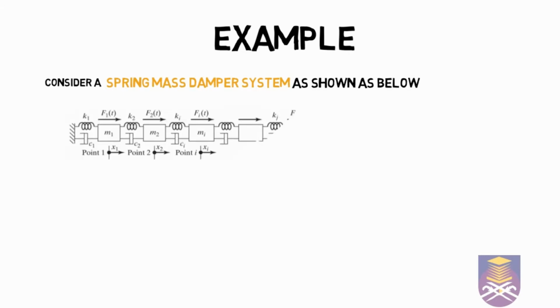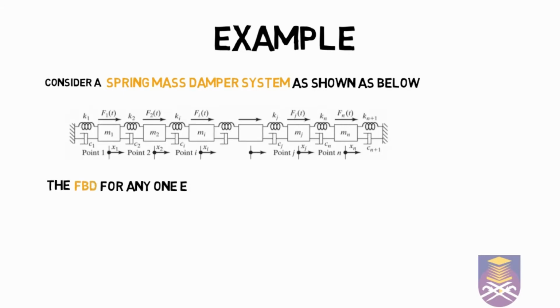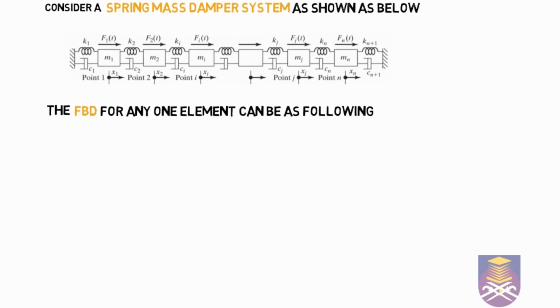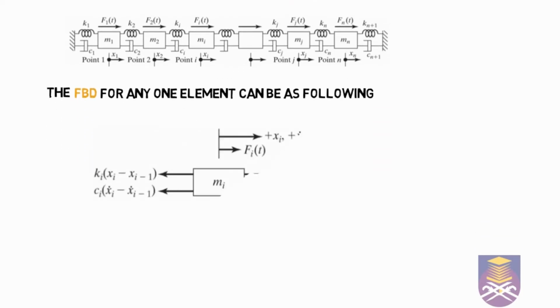For example, consider the spring mass damper system as shown below. The FBD for any one element can be as follows.